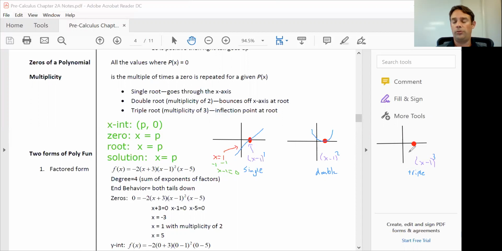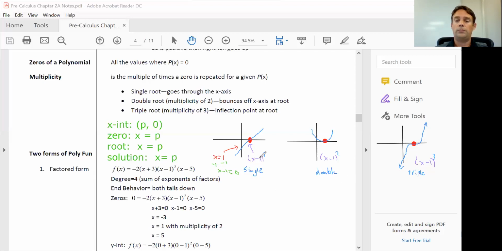Now, triple roots form an inflection point. So for those that don't know what an inflection point is, let me show you. It comes up, and it looks really steep, and then it flattens out, and then it goes up again. So it goes steep to flat to steep. Whether that's going up or going down, steep to flat to steep.